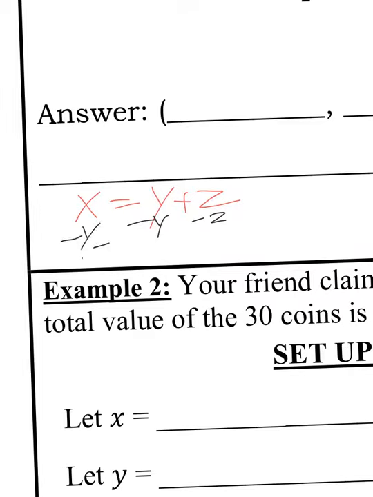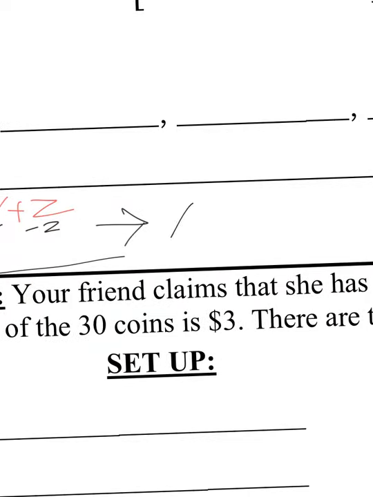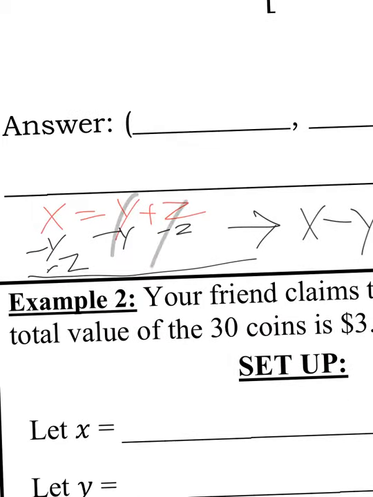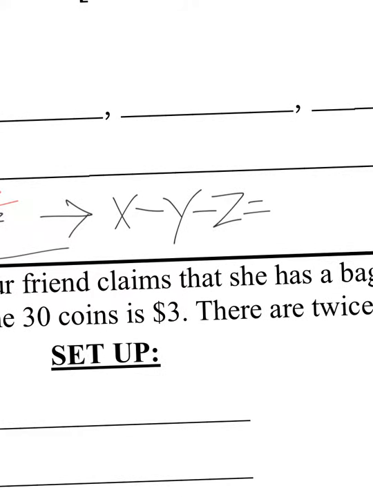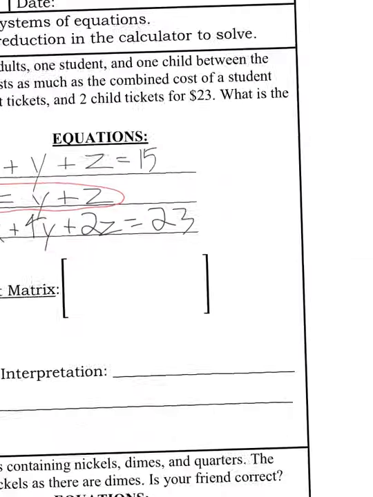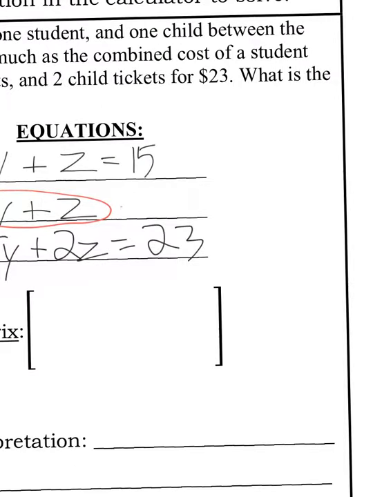And so it turns into, I'll just write it over here next to it, X minus Y minus Z. And I subtracted them over, right? So there's nothing left over. So guess what? It's going to equal 0. Okay? And then I can just rewrite it right here. X minus Y minus Z equals 0.